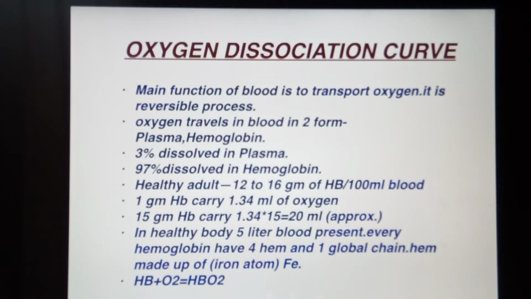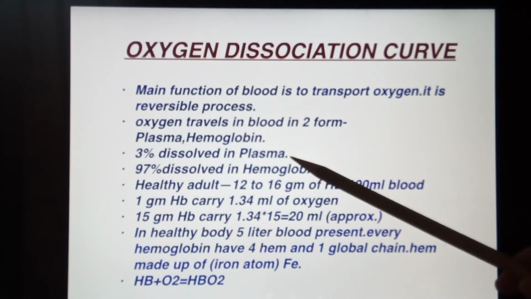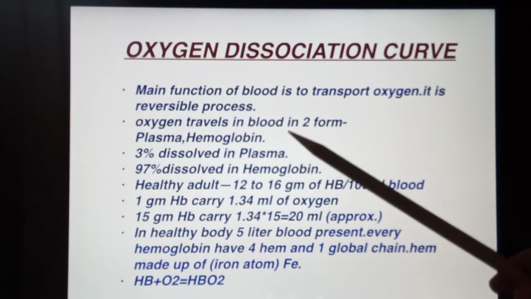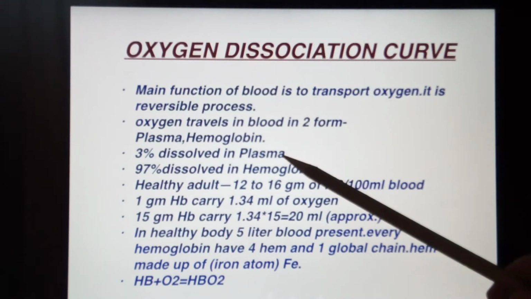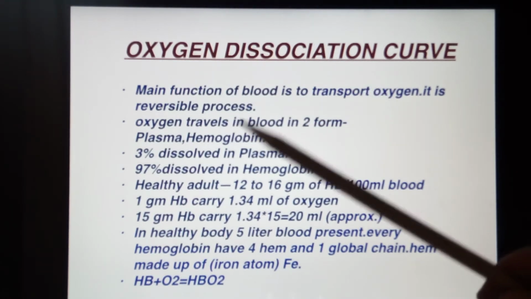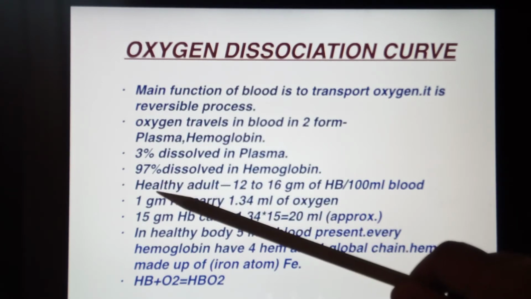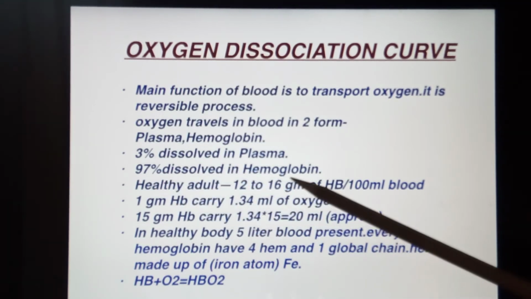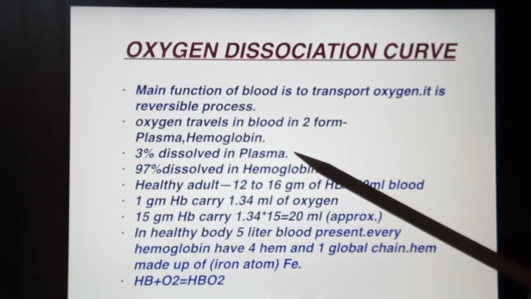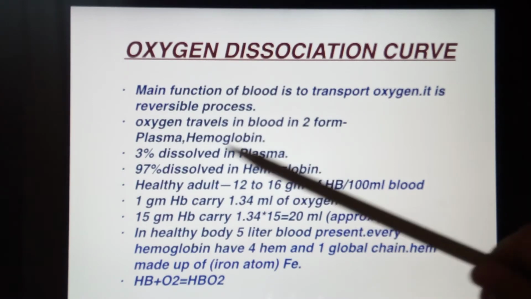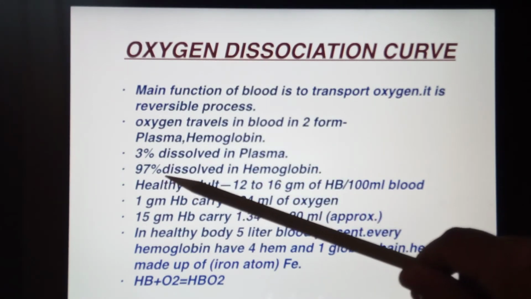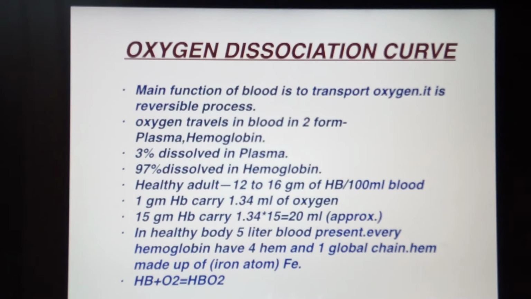Plasma is a watery substance, so just 3% of oxygen dissolves in the plasma. So 3% of oxygen travels through the plasma, and the remaining 97% binds with hemoglobin and travels to the tissue.